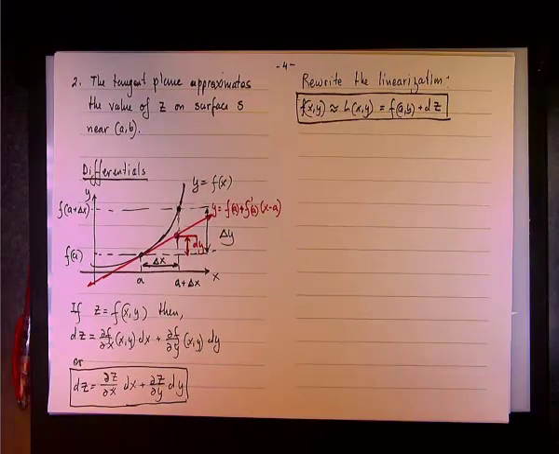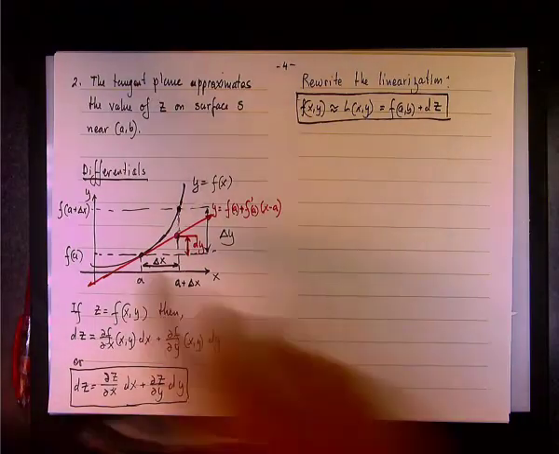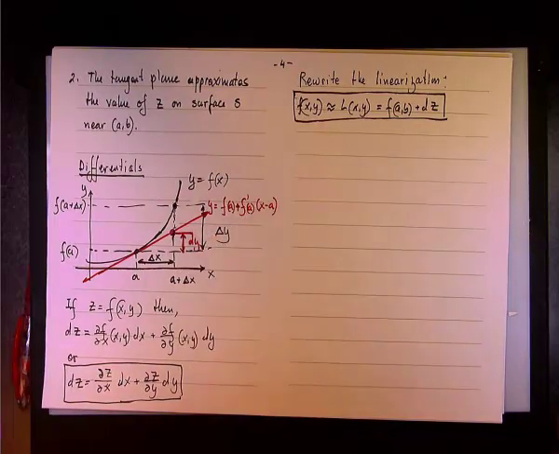Much more compact form, all because it turns out that we have a complete differential dz, which is made of the partial derivative of z with respect to x times the differential dx plus the partial derivative of z with respect to y times the differential dy.